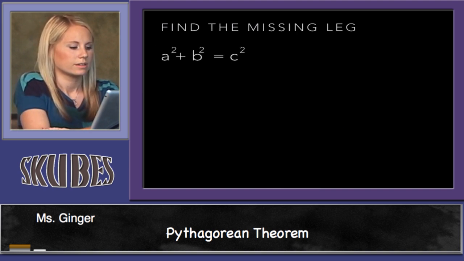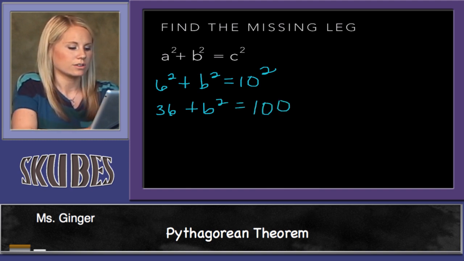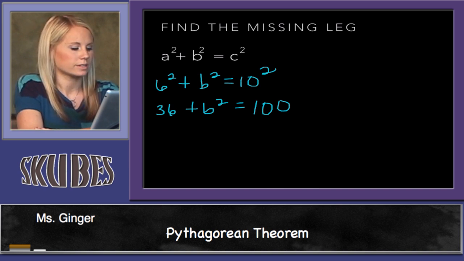So I've got 6 squared plus B squared, we don't know that one, was 10 in our picture. So this time we've got 36 plus B squared equals 100, and I've got to do a little bit of solving steps to get my B by itself this time.